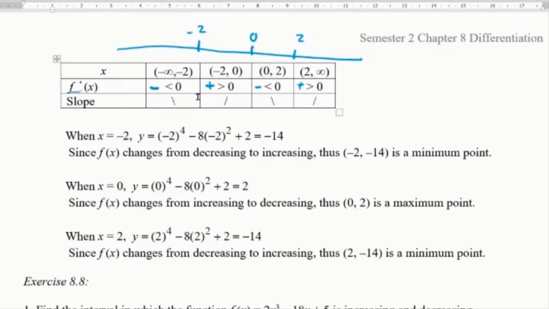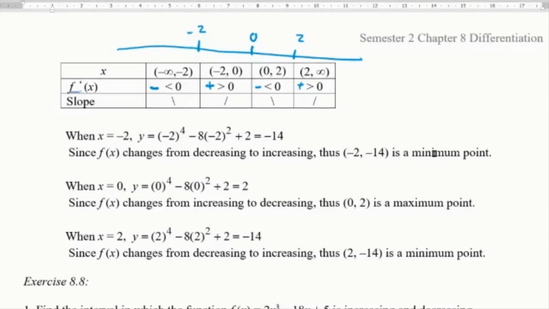In the diagram, at this -2, you'll find that the slope changes from negative to positive. There is a change, so you must give the reason. In your module, I didn't give the reason, so you just add it. When you make any conclusion, better you give a reason. So this one changes from negative to positive.